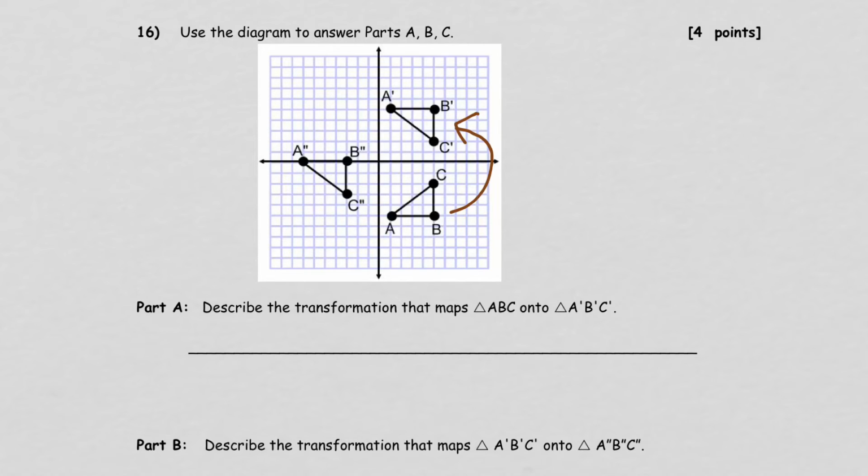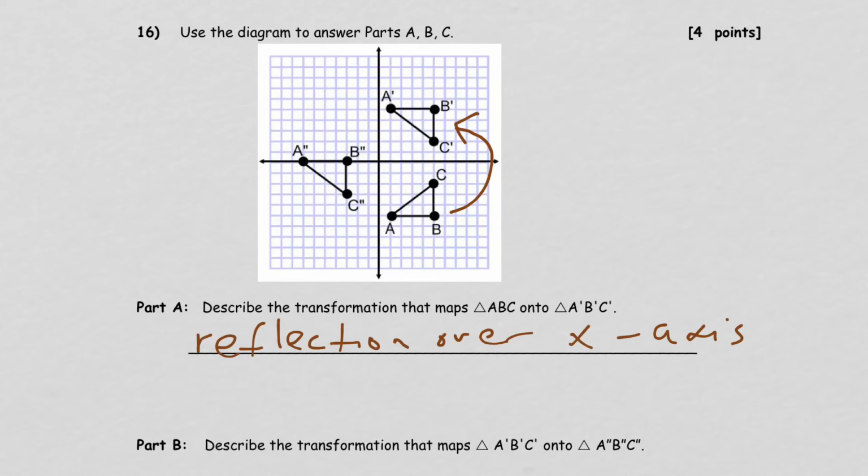And I'm noticing that each point is exactly the same distance as the corresponding point from the line of reflection if it were reflected. So this is a reflection over the x-axis.